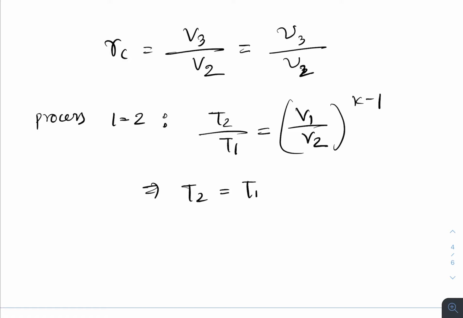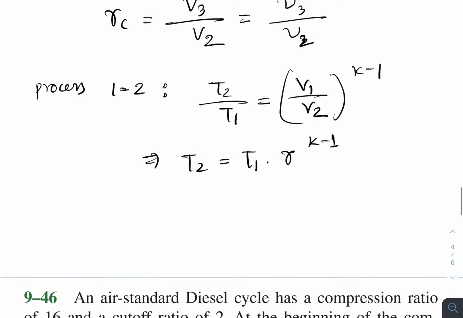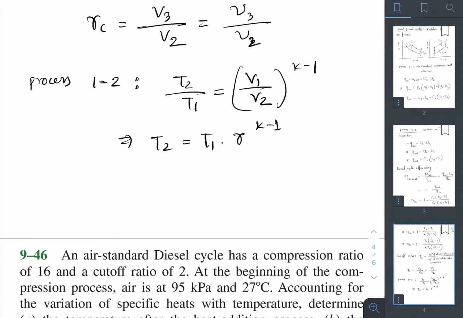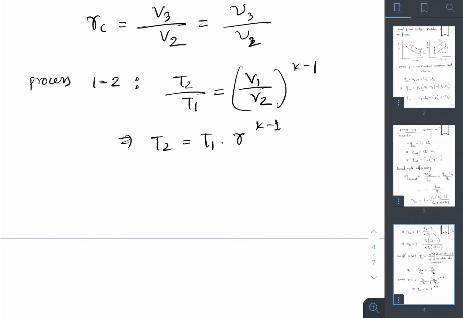So we know this relationship. However, if we write it in terms of T2, it becomes T1 times r to the power k minus 1. So r is nothing but the compression ratio.